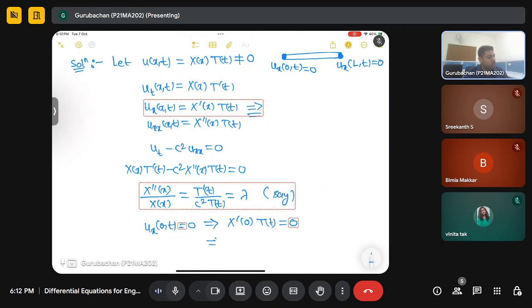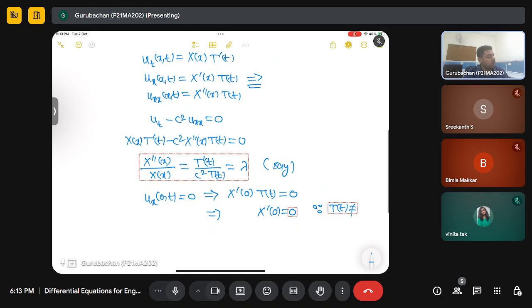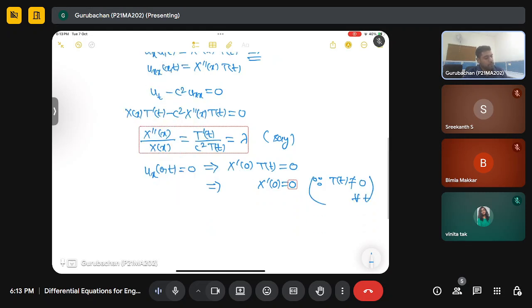As I told you, T(t) cannot be 0 for all t, so X'(0) will be 0. In the same way, ux(L,t) is 0 gives X'(L)T(t) is 0, and then X'(L) is 0.